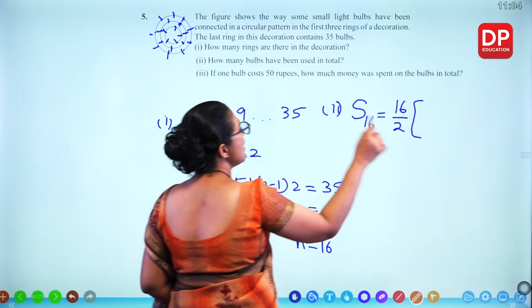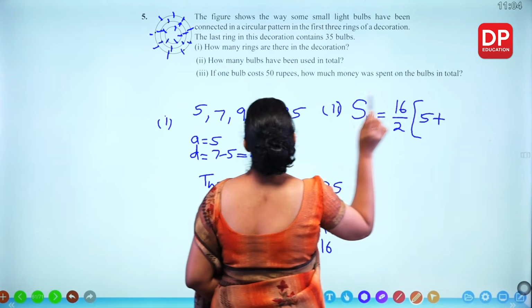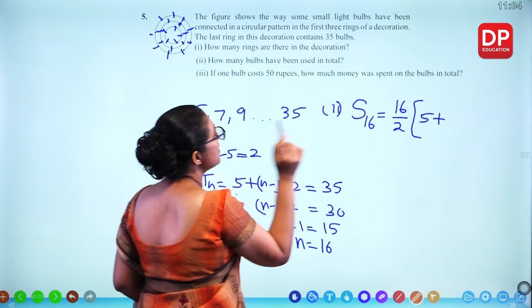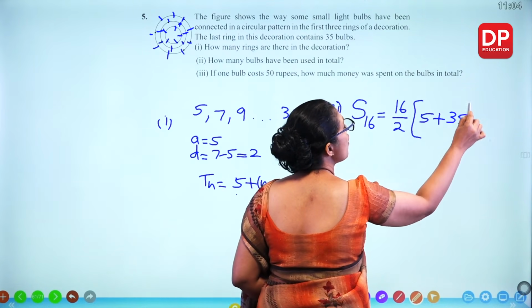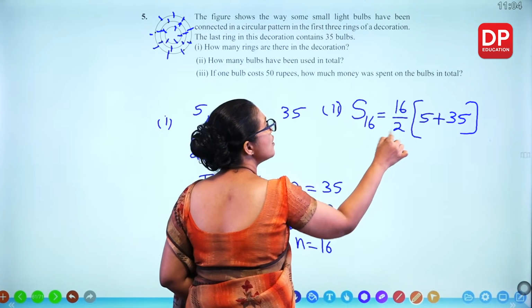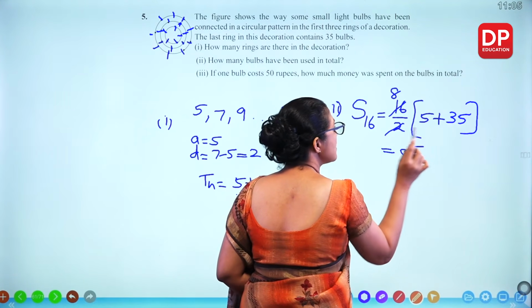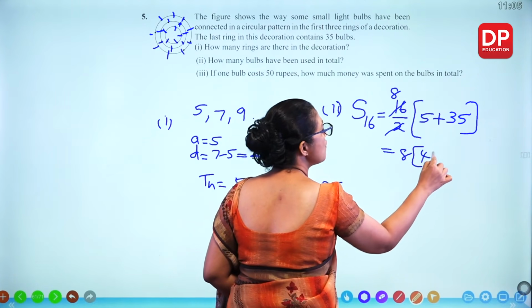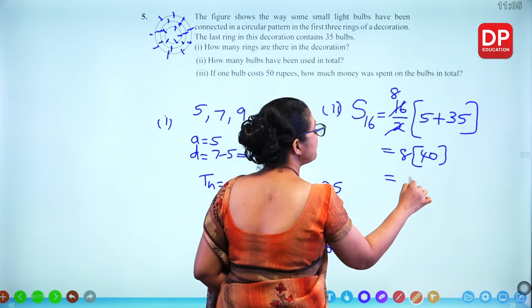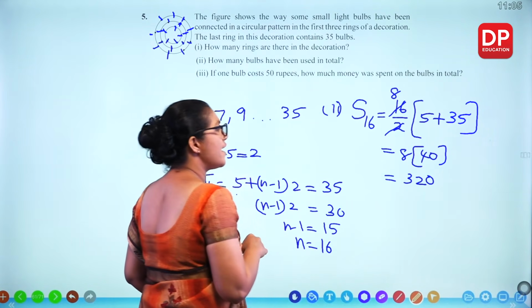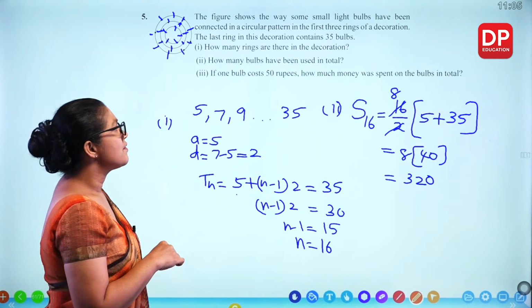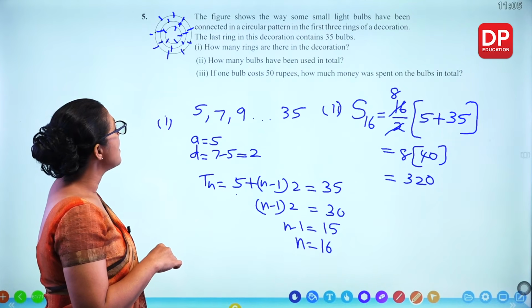First one there are 5 bulbs and the last one there are 35. So you can use this formula, A plus L formula. 2 times 8, 35 plus 5 is 40. 40 times 8, 320. So altogether 320 bulbs are there.